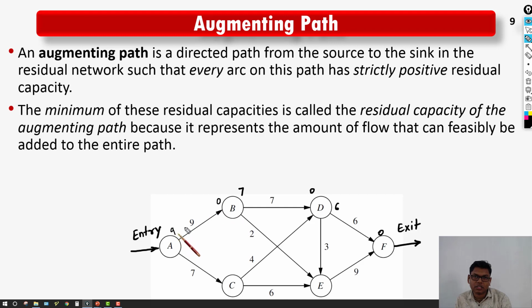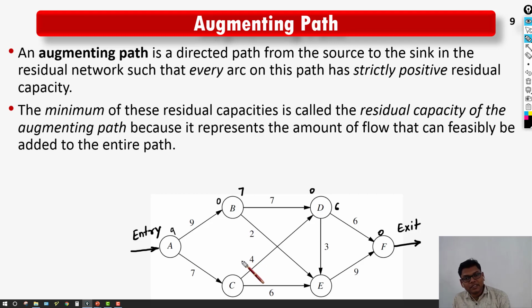It's 9. So this is strictly positive. From B to D, it's 7. It's also strictly positive. From D to F, 6. This is also strictly positive. That means every arc on this path has a strictly positive residual capacity. Then this path will be known as an augmenting path.